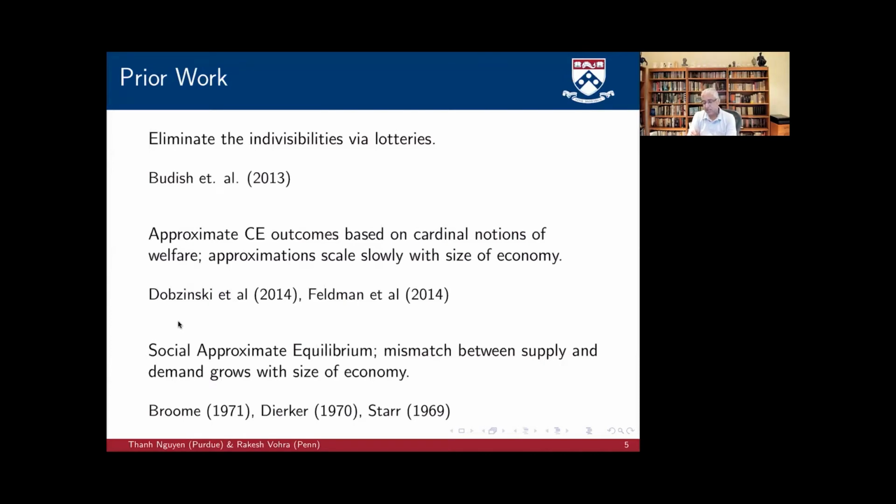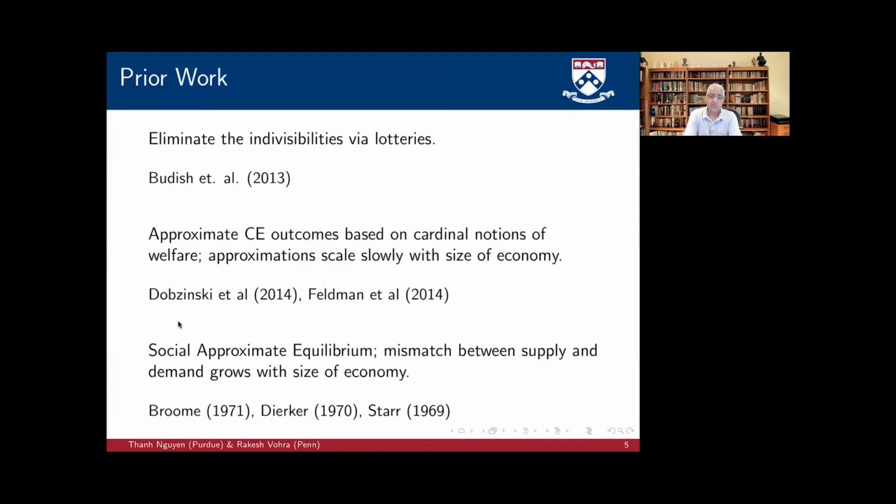But if you look at these papers, the bounds on the mismatch between supply and demand that they give depend on parameters that have to do with the size of the economy, in other words, the number of agents or the number of goods. And so the approximation results are typically of the form, well, keep one thing small, let the other thing get big, and then we have a reasonable approximation. And to our mind, this is unsatisfying.